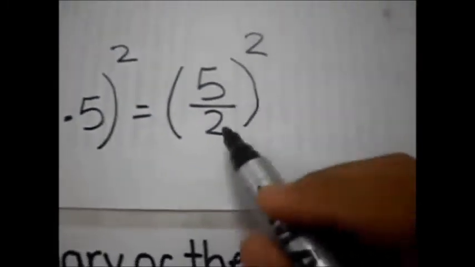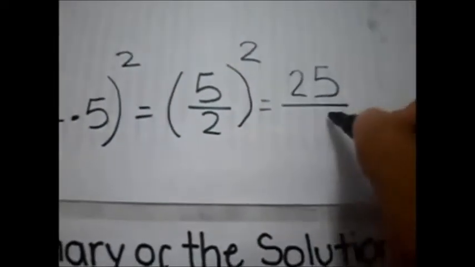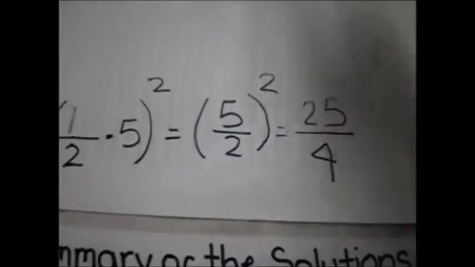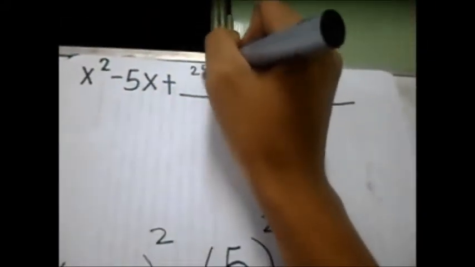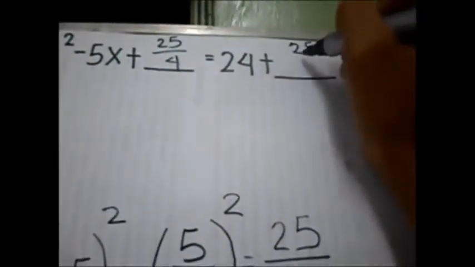So we must square it. The answer is 25 over 4. So we can put the answer on the blank: 25 over 4, and 25 over 4.